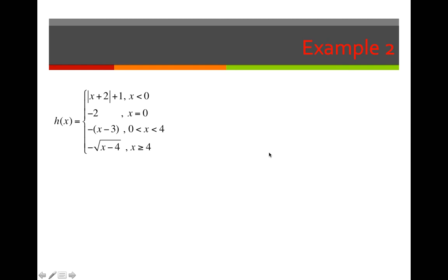Okay, let's see what this one looks like. This one's the hard one. Kind of follow along. Some of this is not going to look familiar to you, especially depending on how much you remember how to graph absolute value functions and square root functions. We'll get to those.